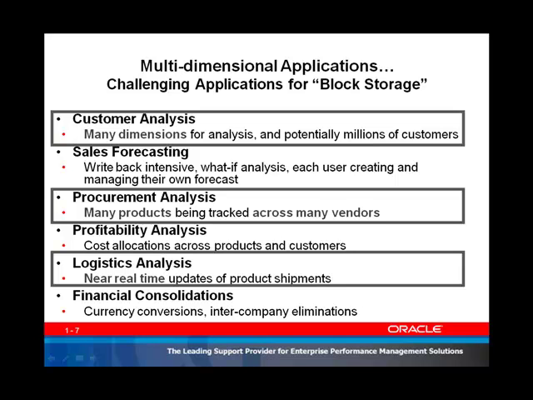So for instance, customer analysis, which had many dimensions, procurement analysis, where you have many different vendors and have to be tracked, or the logistics, which has to be close to real time. ASO helped to fill in the gaps that block storage couldn't provide for those types of applications within Essbase. Now, block storage still, always has been and will continue to be beneficial for your sales forecasting, profitability analysis, and your financial consolidations.